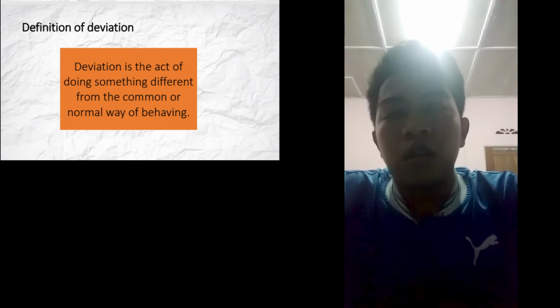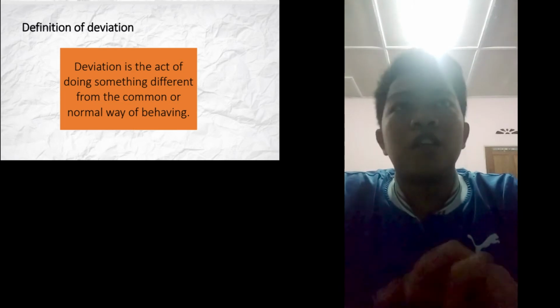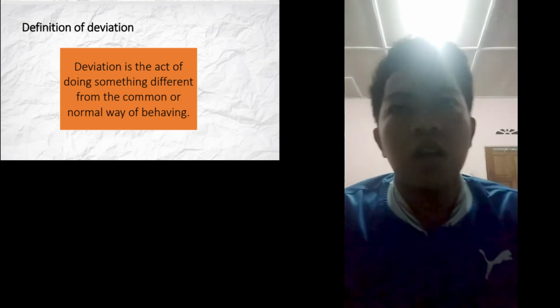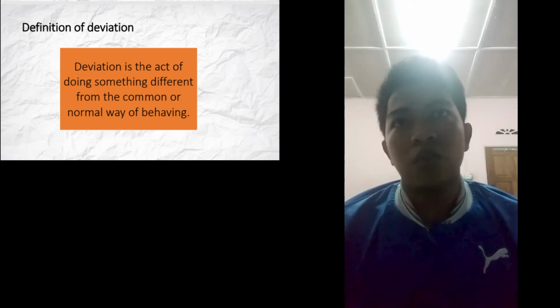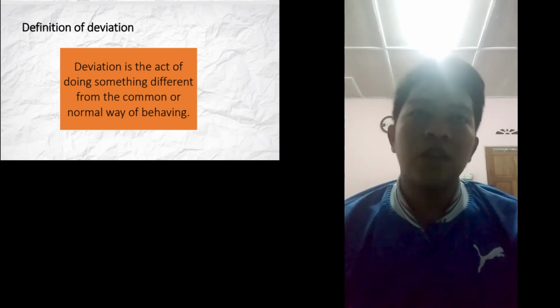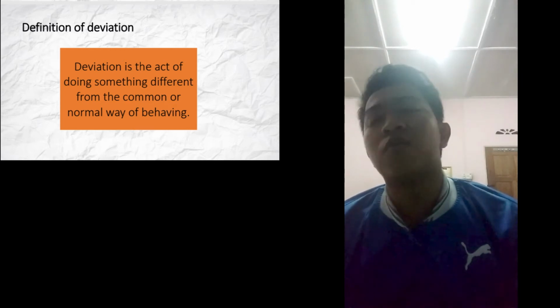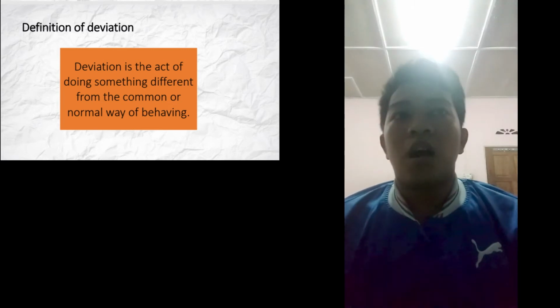I want to talk about the definition of deviation. Deviation relates to a functional motion in which the metacarpal bones in the wrist articulate with the radius and ulna to perform side-to-side movement in a limited range of motion.